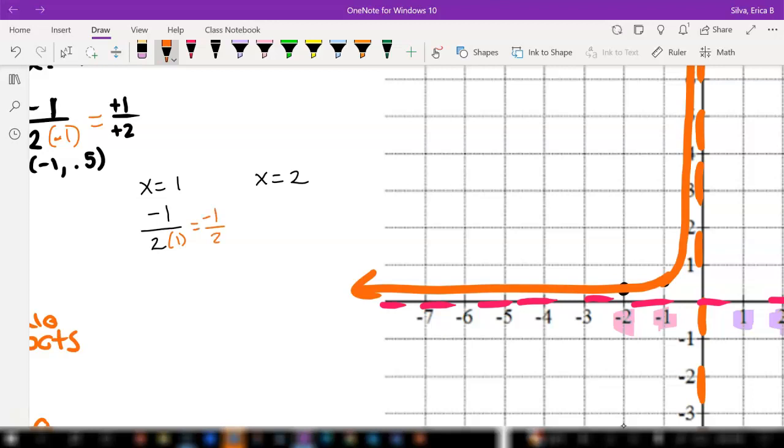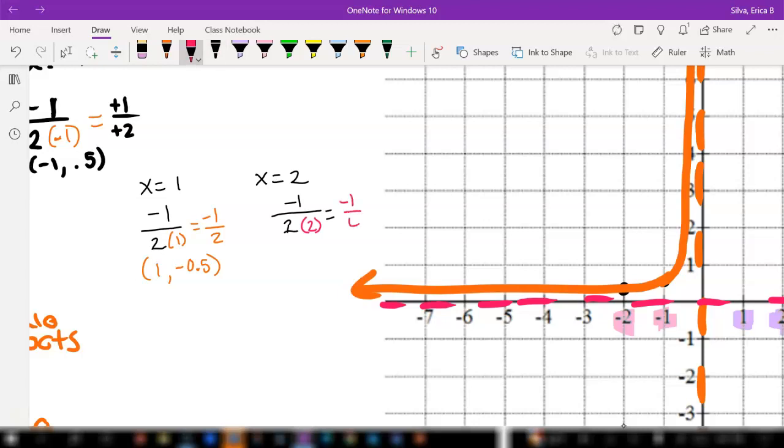It's negative 1 over 2. So we've got 1 comma negative 0.5. And over here we have negative 1 over 2 times positive 2.